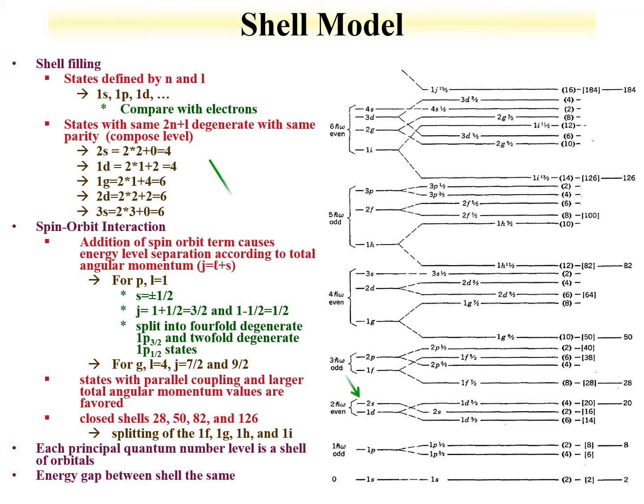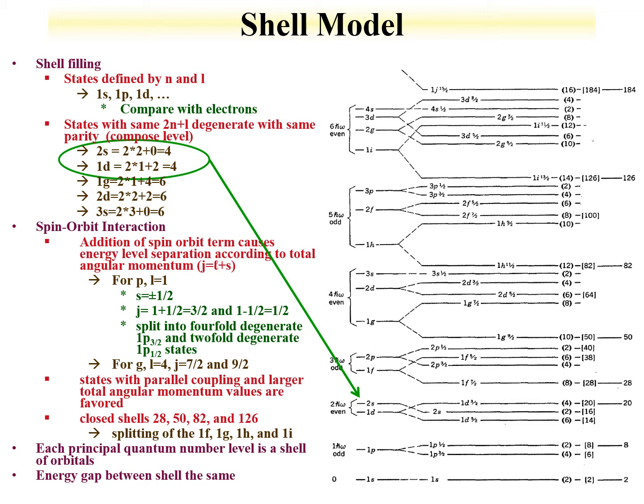As an example, if we look at this state here, which is composed of the 2s and 1d state, for 2s, 2 times 2 plus 0 is equal to 4, right? Because the n number is 2, the l number is 0 from s. For a 1d state, the n is 1, the l is 2, where s, p, d, right?